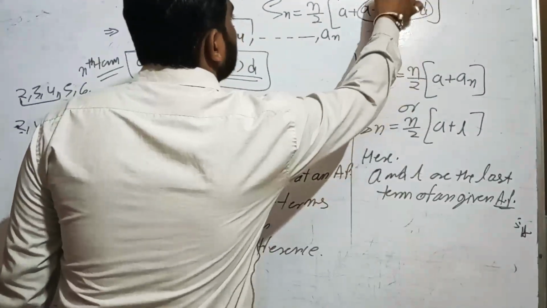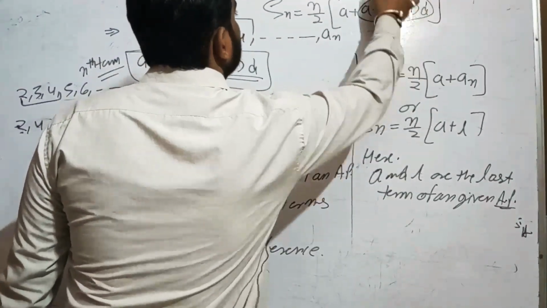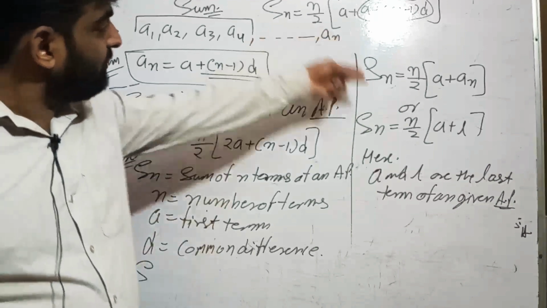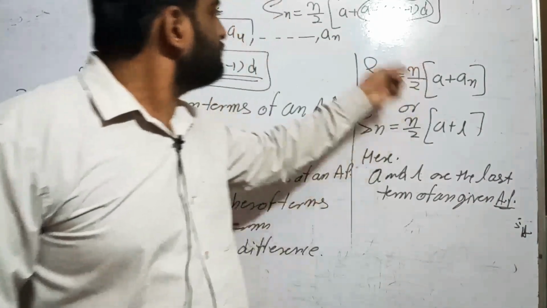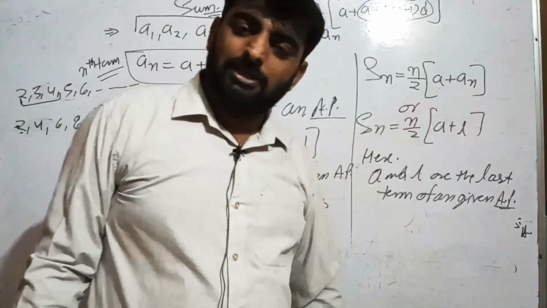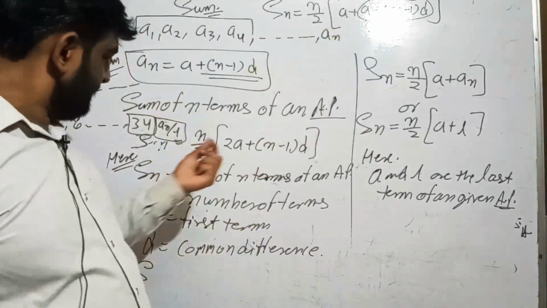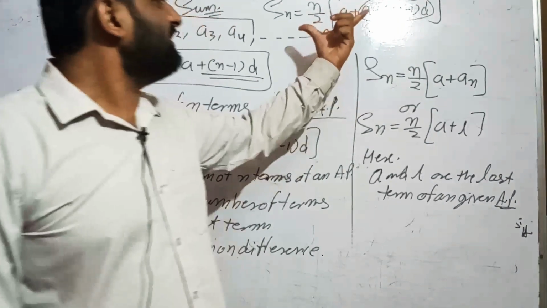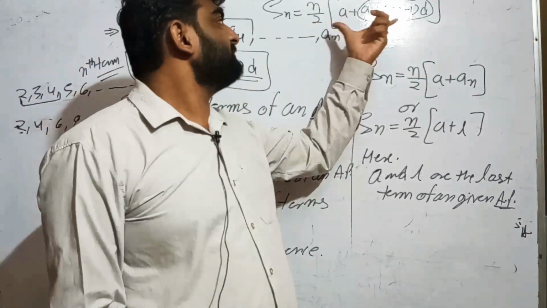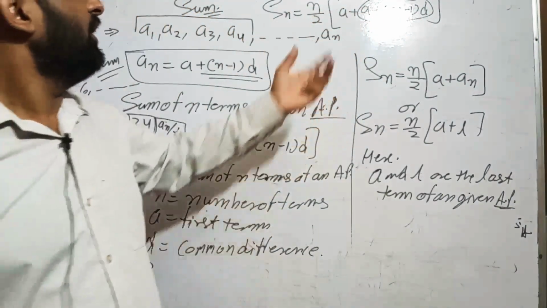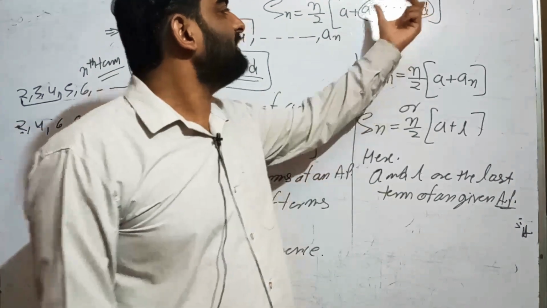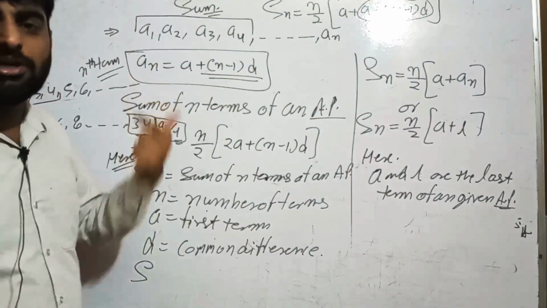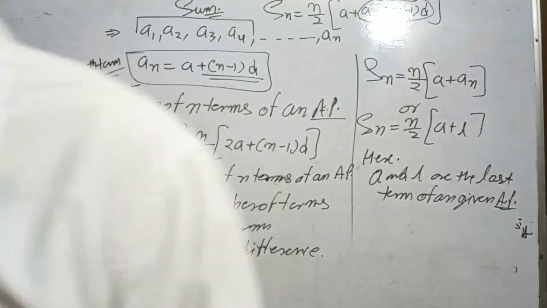We write 2a as a plus a, and now a plus n minus 1 into d is written as an or l, students.